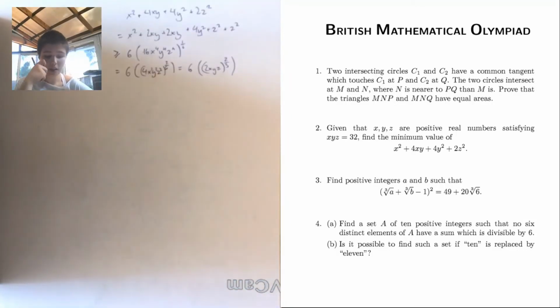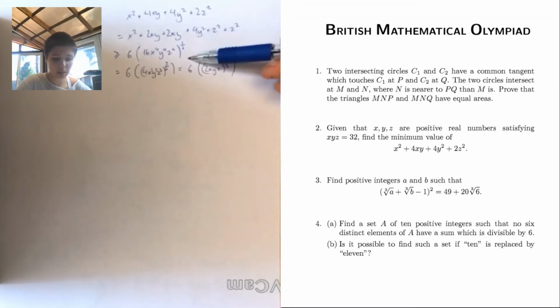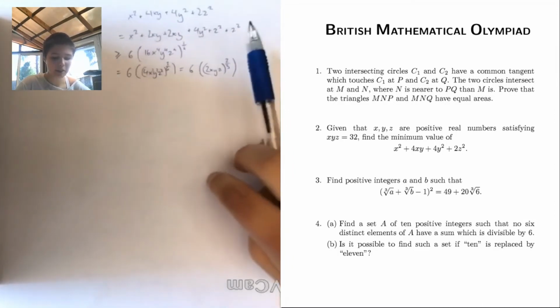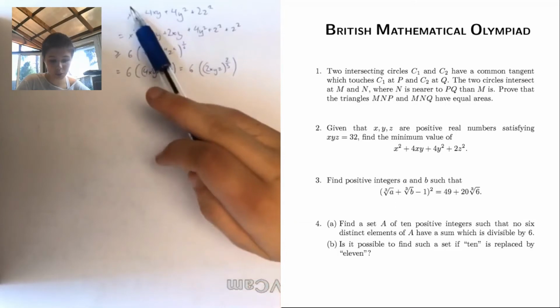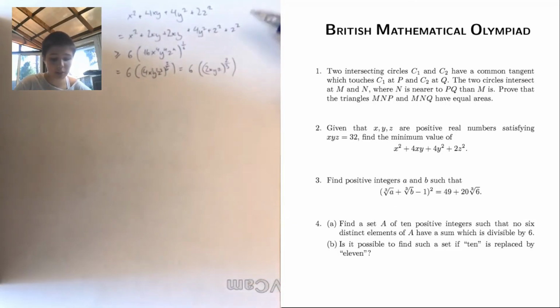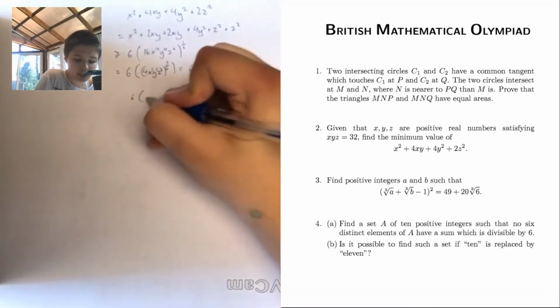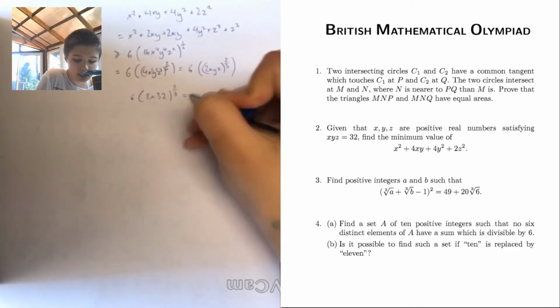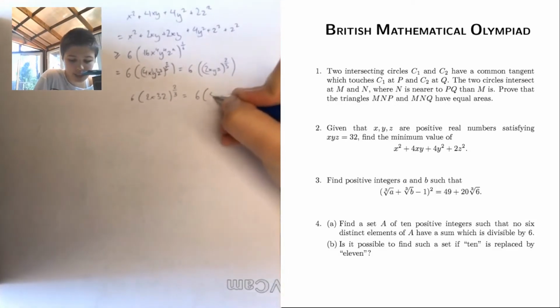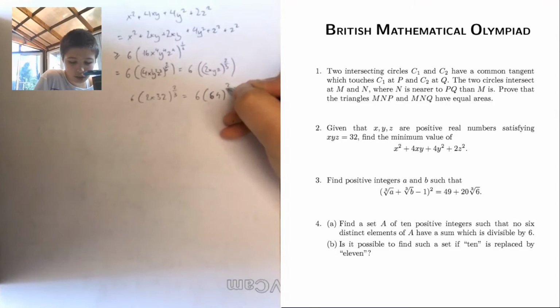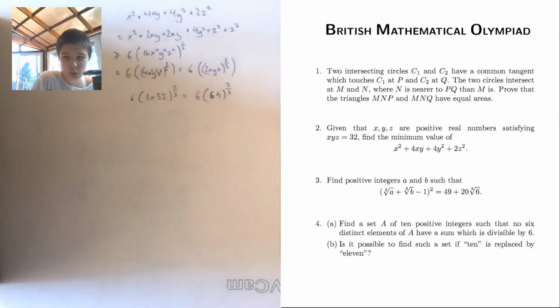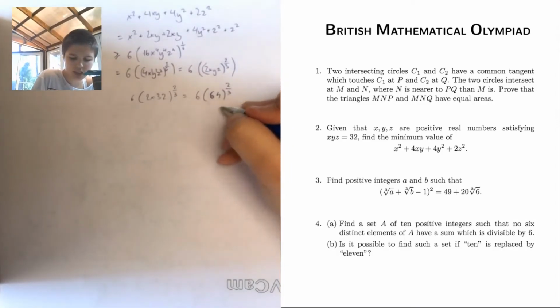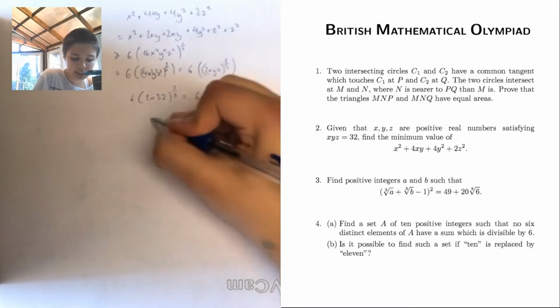Working on our inequality just a little more, just with algebra, I've shown these 2 steps up to here, and then if you play around again, you get all of this is larger than 6 times 2xyz to the 2/3, and 6 times 2 times 32 to the 2/3 is equal to 6 times 64 to the 2/3, and 64 is 8 squared, so is equal to 6.